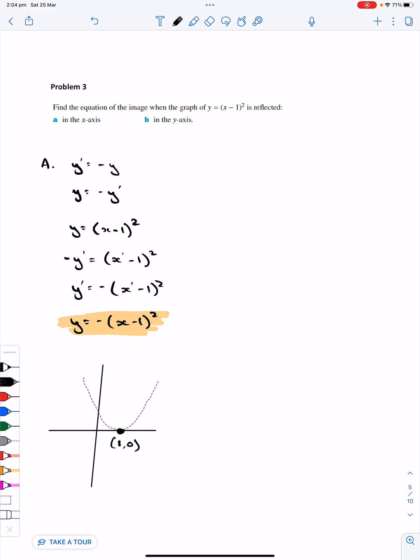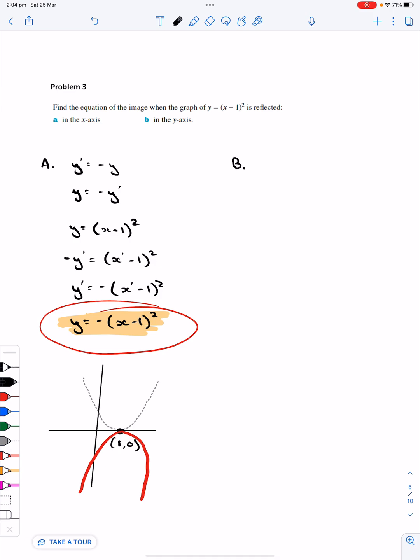If I consider this function here, that still has a turning point at (1, 0), but it's a negative parabola. So we can see here that it is effectively a reflection of the original graph.